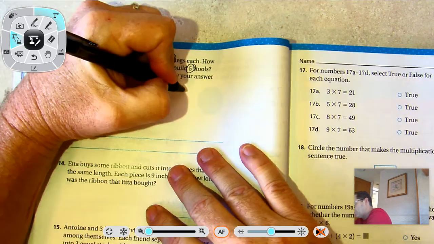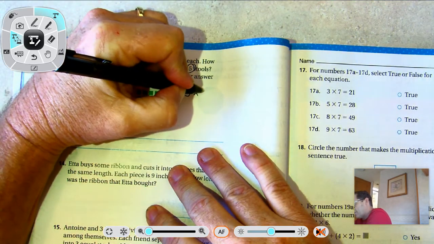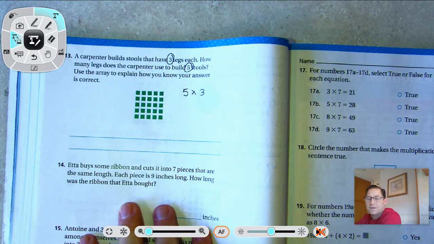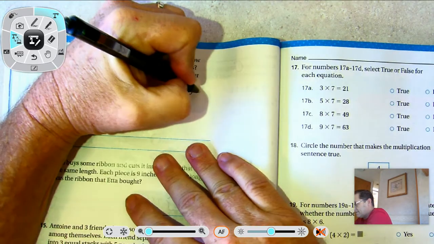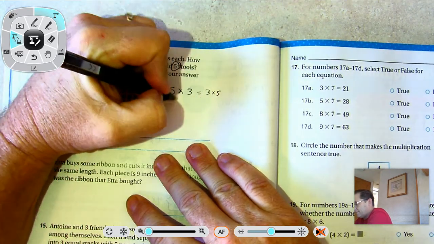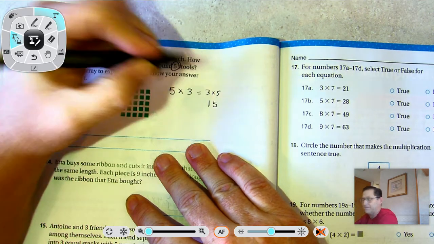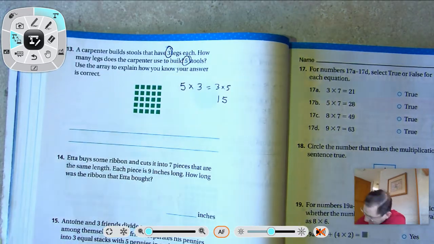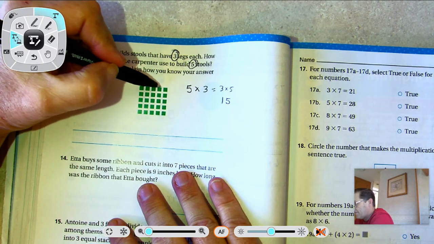Okay, so 5 stools times 3. Well, I know that 5 times 3 is the same as 3 times 5, and 3 sets of 5 is 15.